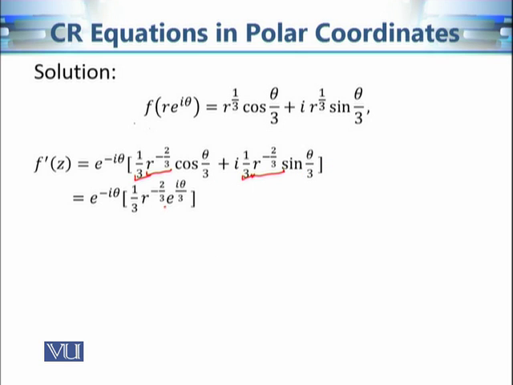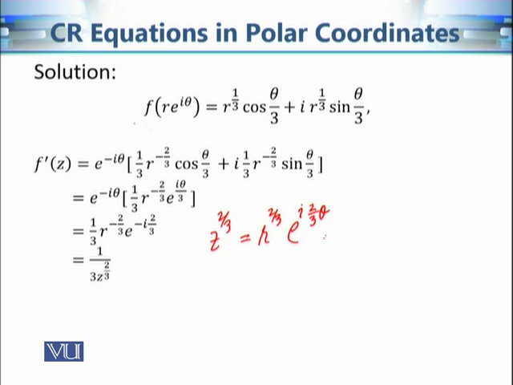Which is basically e raised to power iota theta by 3, and if we multiply e raised to power iota theta with e raised to power iota theta by 3, we get the following expression. Simplifying it further, because z raised to power 2 by 3 is basically equal to r raised to power 2 by 3 and e raised to power iota 2 by 3 theta, using this we can easily say that this is the derivative of this function f of z.